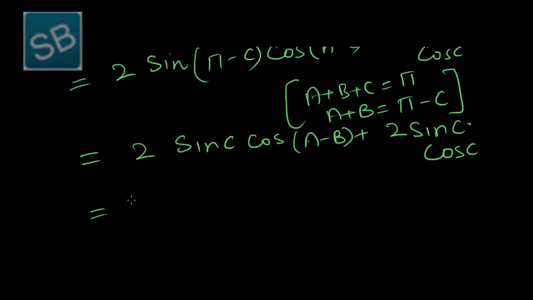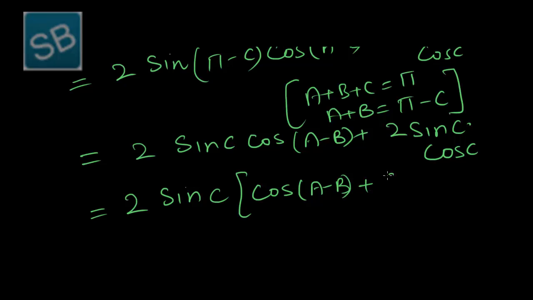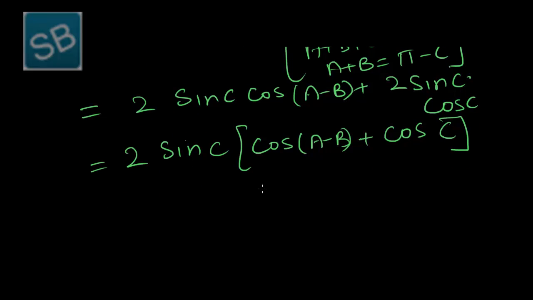So we get 2 sine c as common, and in the bracket cos a minus b plus cos c. Now we cannot replace a minus b, so we will again use the identity and we will replace c in terms of a plus b.